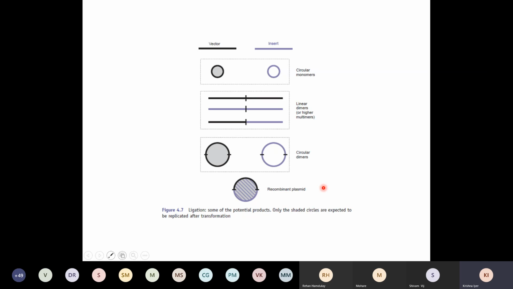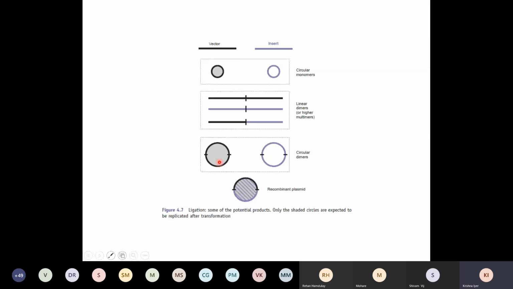Now, how do I identify what has happened? Typically what we do in real life is we never try to separate these things. We let them happen, because they are almost impossible to separate.